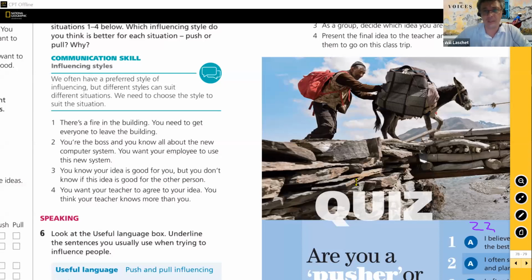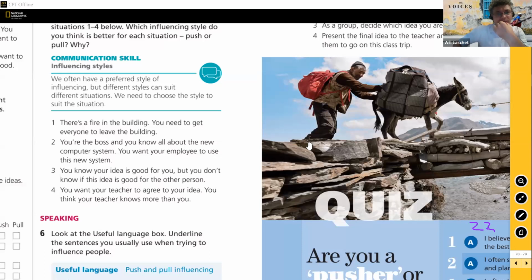Why is this pull influencing? So why is it pull? Because it's to a boss. Okay, because you need to listen to your boss or your teacher to be better informed. Right, it says, yeah, you think they know more than you.